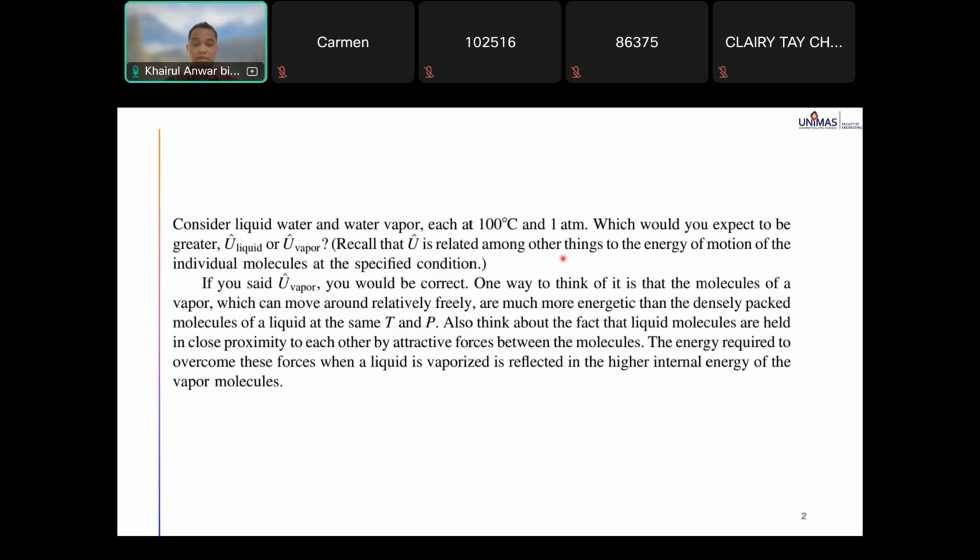Also think about the fact that liquid molecules are held in close proximity to each other by attracting forces between the molecules. The energy required to overcome this force when the liquid is vaporized is reflected in the higher internal energy of the vapor molecules.